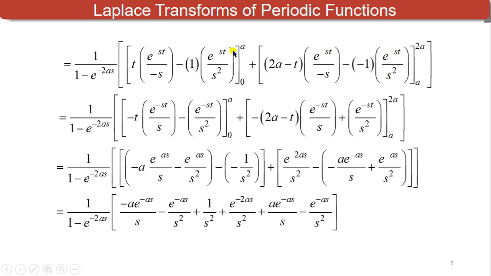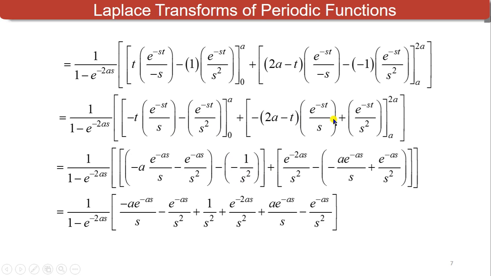Now substitute the upper and lower limit values. Replace t by a, which gives minus a e power minus as by s minus e power minus as by s square. Using the lower limit, minus 0 into anything is 0. So here minus e power 0 is 1, that is minus 1 by s square.